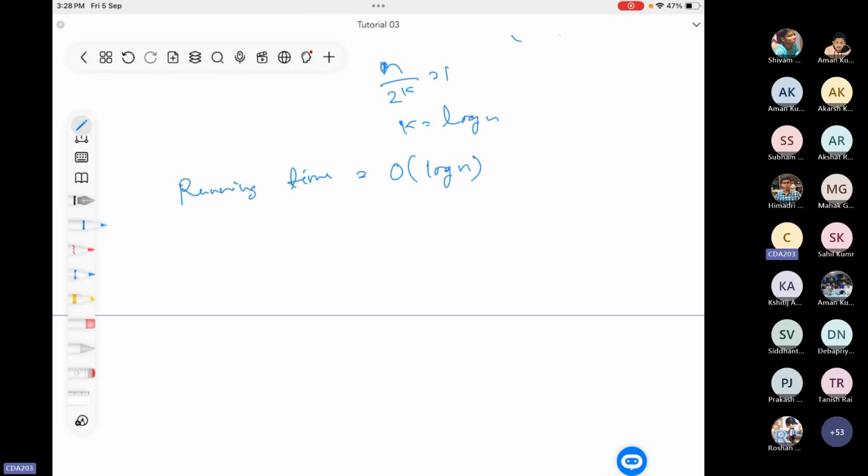Okay, so it's fine for everyone. So now can you tell me what is the problem with the unsorted array? Why we cannot apply binary search in an unsorted array?